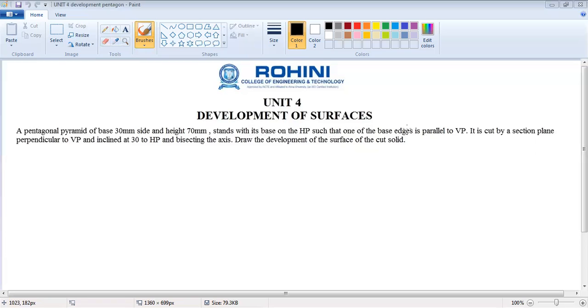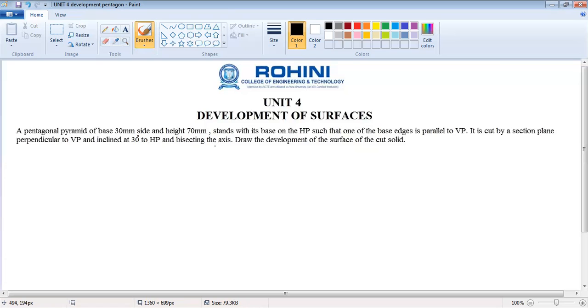It is cut by a section plane perpendicular to VP and inclined 30° to HP. The cutting plane is bisecting the axis. So draw the development of the surface of the cut solid.